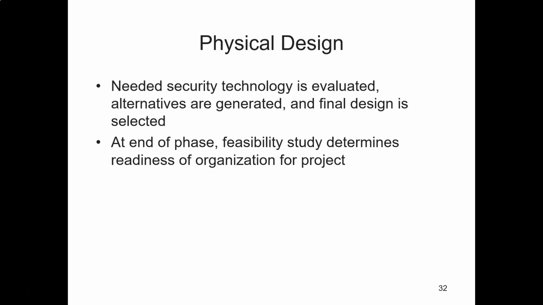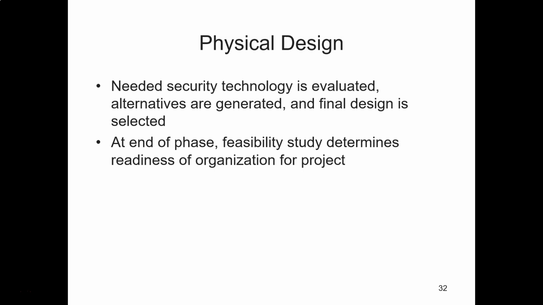Alternative solutions are generated and the final design is agreed on. Criteria needed to determine the definition of successful solutions are also prepared during this phase. Included at this time are the designs for physical security measures to support the proposed technological solutions.